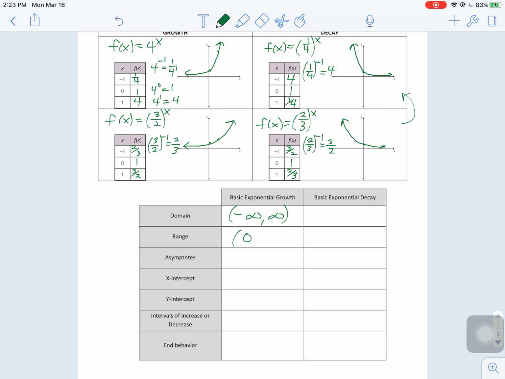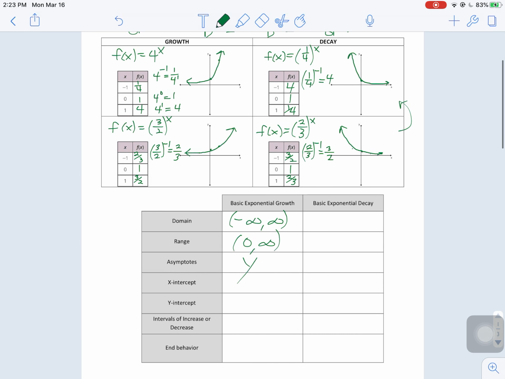The range is all our y values, little to big, so 0 to infinity since there are no negative y values. For an asymptote for growth, we would say y equals 0. And then for an x-intercept, there are none because there's that asymptote on the x-axis, so there are no actual x-intercepts at all.